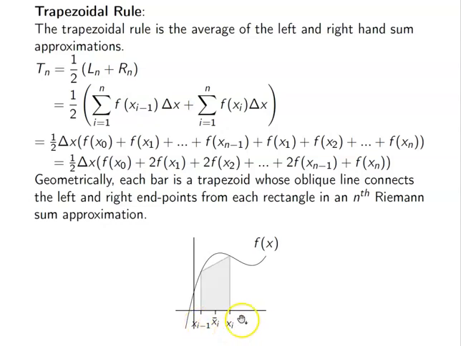For the trapezoid rule, we have a base, another base, our height, and this slant line. Remember the area of a trapezoid: base 1 plus base 2, times the height, divided by 2.